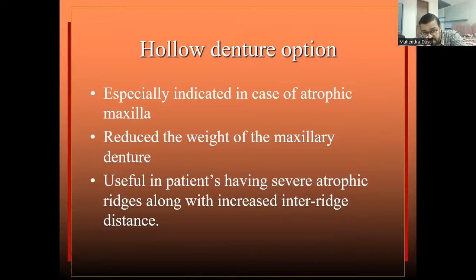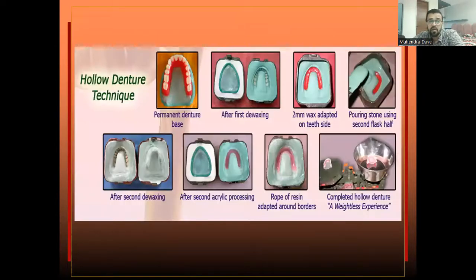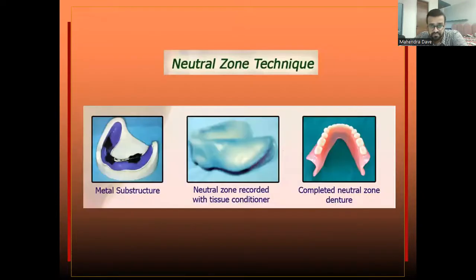Hollow denture option, especially indicated in cases of atrophied maxilla. It reduces the weight of the maxillary denture, useful for the patient having severe atrophic maxillary ridges along with increased interridge distance. The hollow denture procedure is very tedious to do, but wherever the results are desired, such a procedure has to be done.